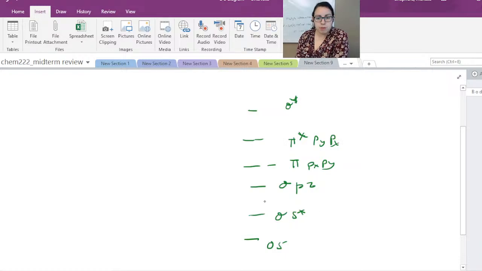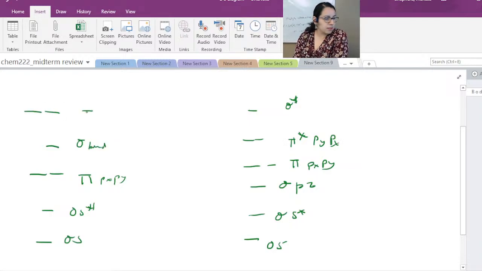And then with SP mixing, they just swap those 2 levels. So then we have our pi bonding, Px, Py, and then our sigma bonding with our mixing, and then pi antibonding, and of course our really bad sigma antibonding.